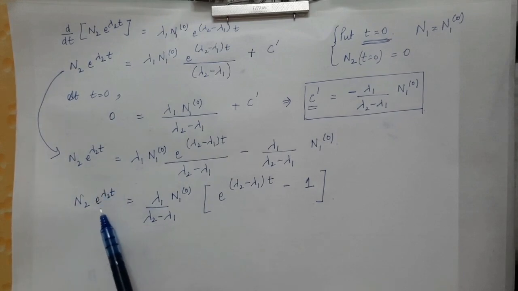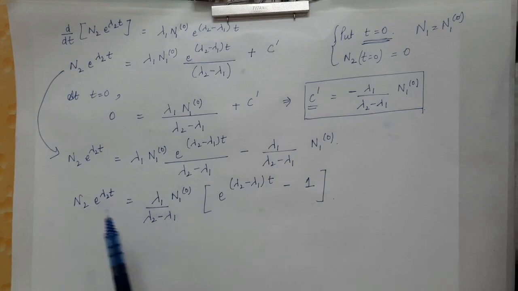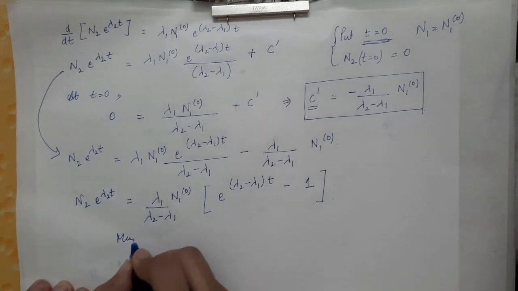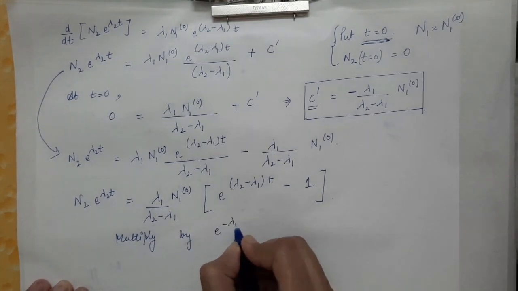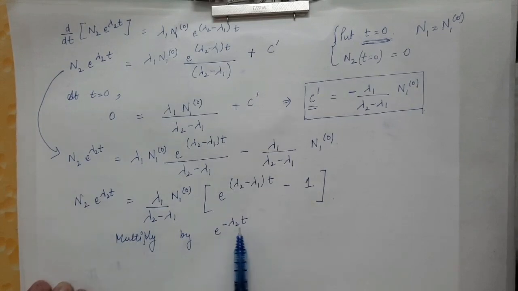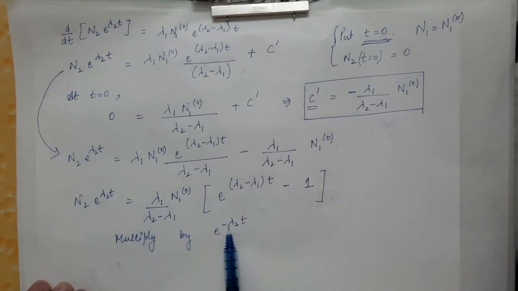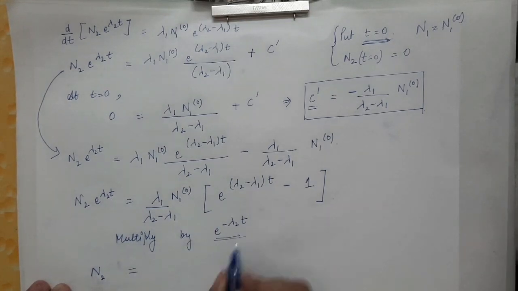We will take e power lambda 2t to the right hand side, or you can say you multiply by e power minus lambda 2t on both sides. On the left hand side you will just get n2, the number of daughter nuclei in the sample at any time t, and on the right hand side you will also multiply by this term.